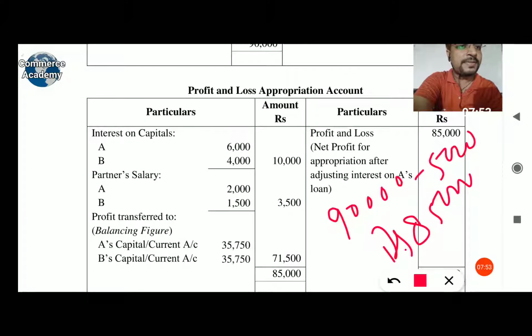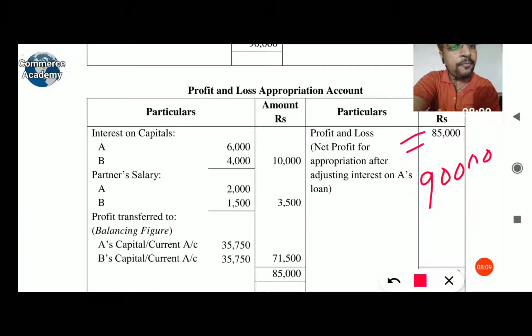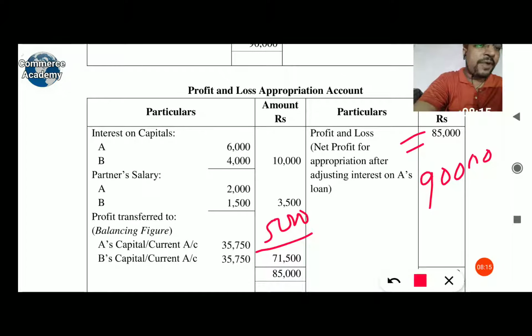We mention rupees 85,000 in the profit and loss appropriation account, clear? Otherwise, if we mention 90,000 and the 5,000 separately, it is also 85,000.